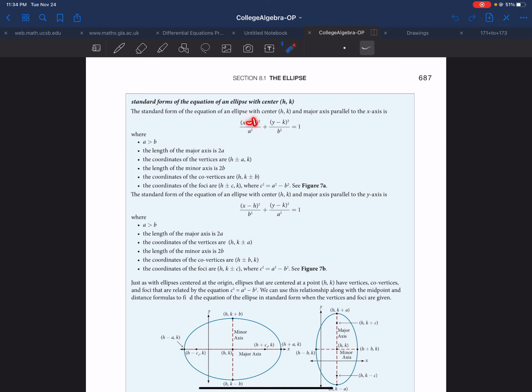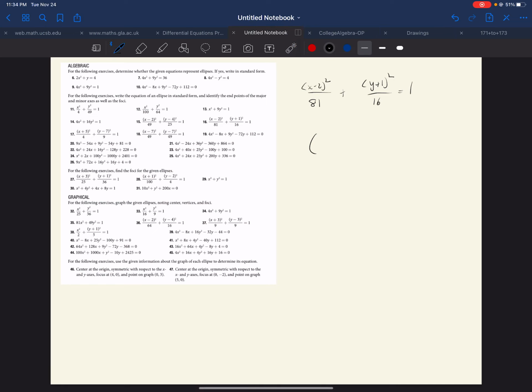So it's a minus h, but that's a plus h in there. And that's a minus k, and that's a plus k right there. So whatever this is, the center is the opposite. So for us, the center is the opposite of the x, which is 2, and the opposite of what's at the y, which is minus 1. So this thing's centered at 2 comma negative 1.